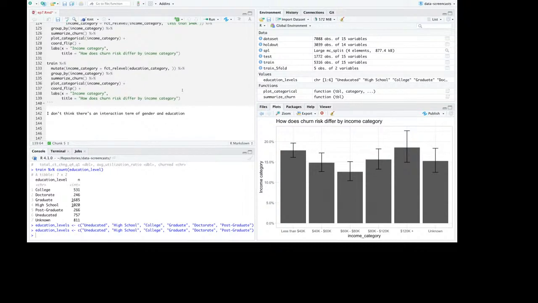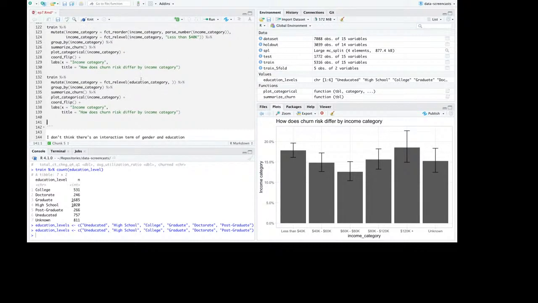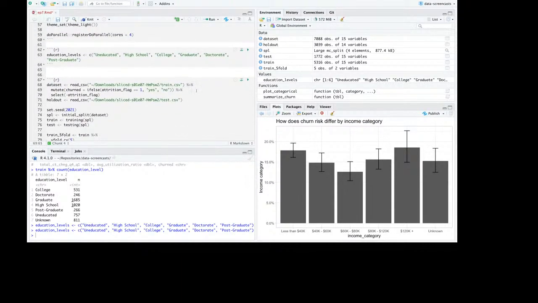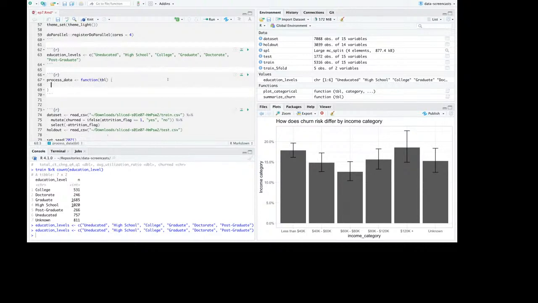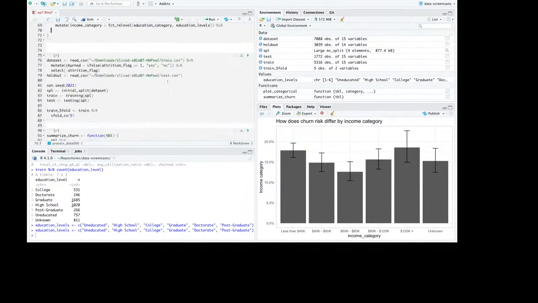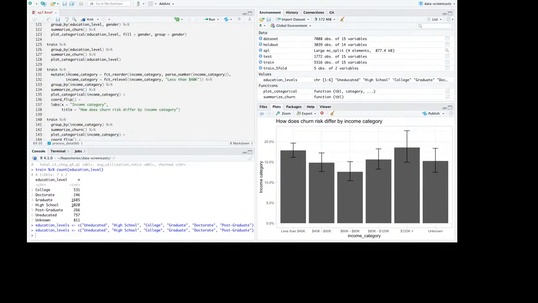And yeah, we say how does churn risk change for everybody. So then I want to do education levels. I want to do this early on, so I'm actually going to do it in process data, and I'm going to do income category.